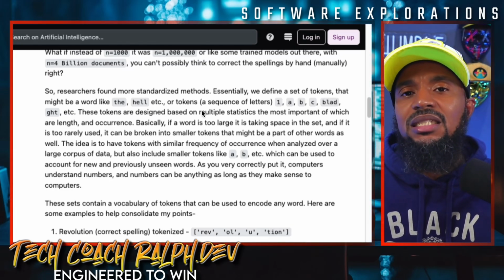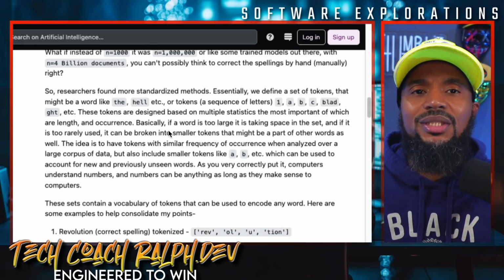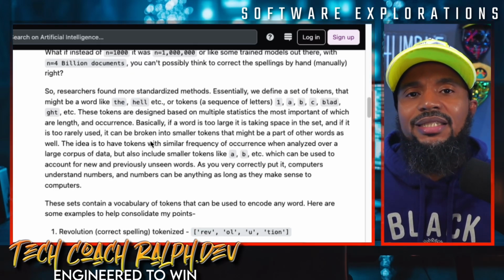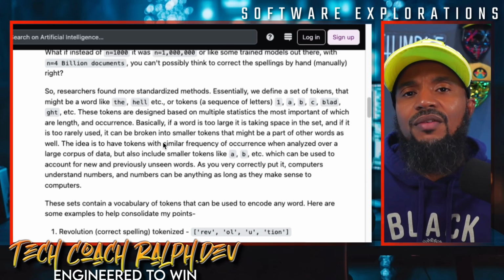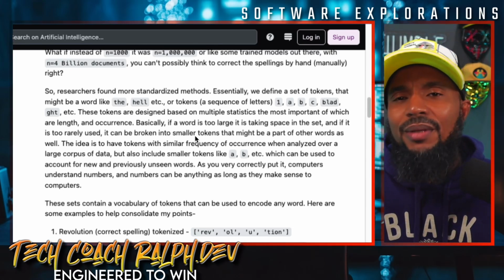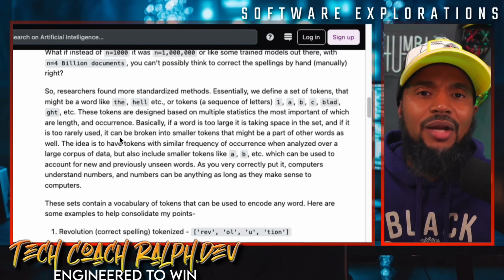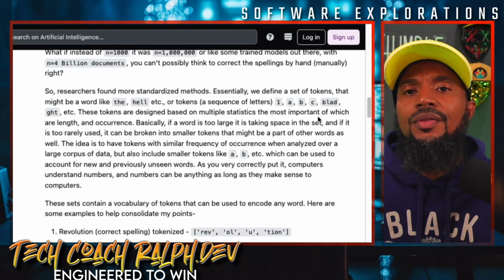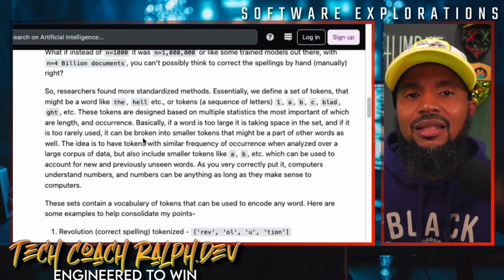Essentially, we define a set of tokens that might be like the, hell, etc., or tokens that are a sequence of letters like A, B, C. These tokens are designed based on multiple statistics, the most important of which are length and occurrence.